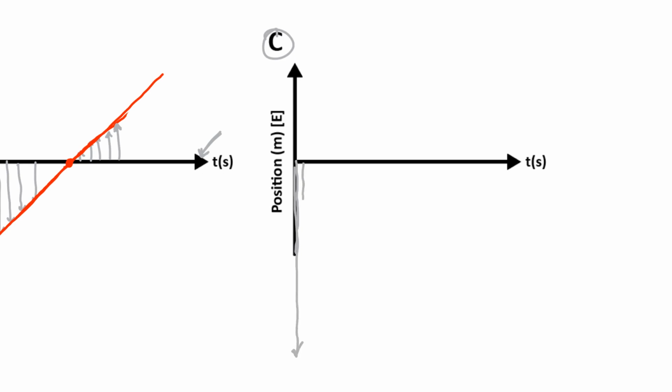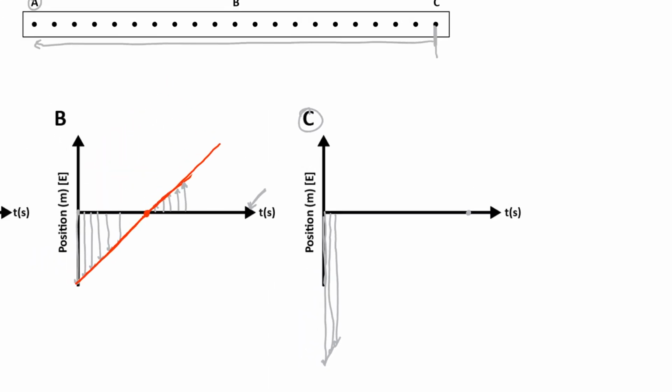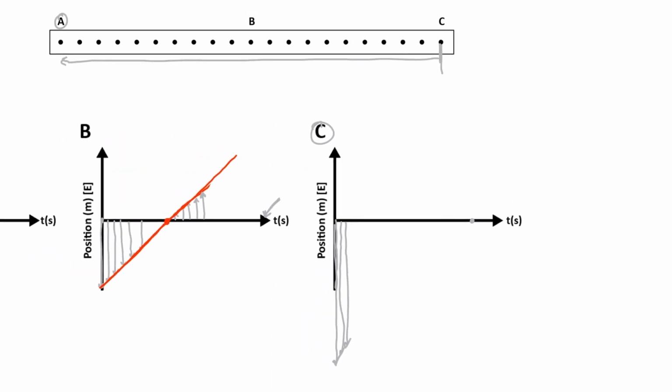And then I keep getting closer and closer to my reference point, and at the very end of my travel, you can see that this person moves, they get closer and closer to this reference point C, they pass point B, and then they keep going, getting closer and closer, and at some point, at the very end, you reach the reference point.